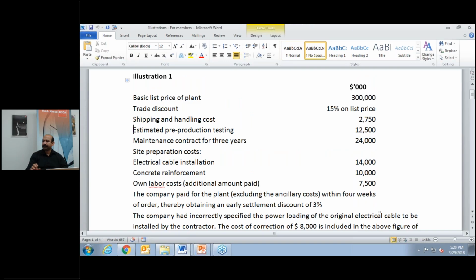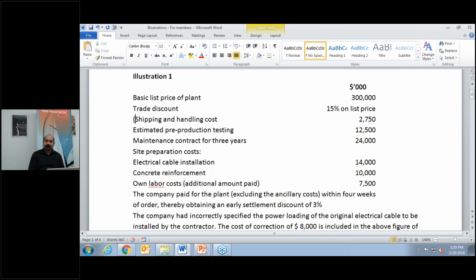See, 300,000 will be there, less this discount, which is 15% of 300,000, because this is trade discount. So you will reduce 300,000 by 45,000.